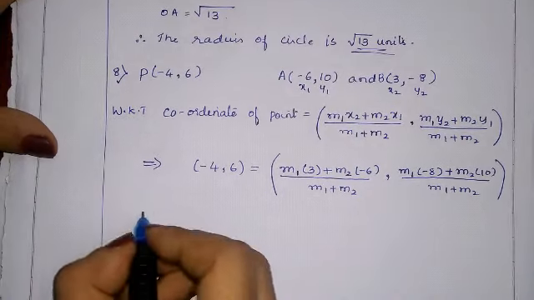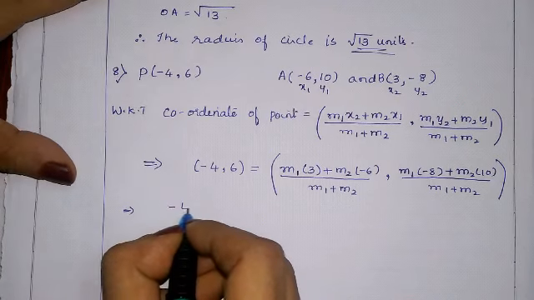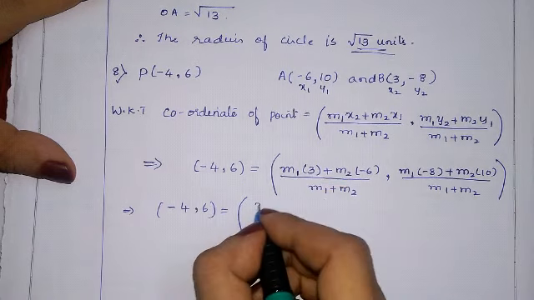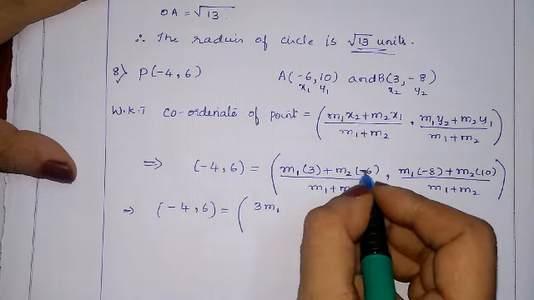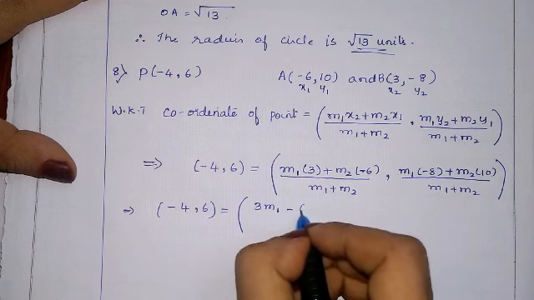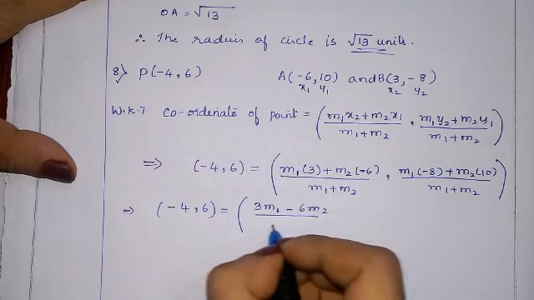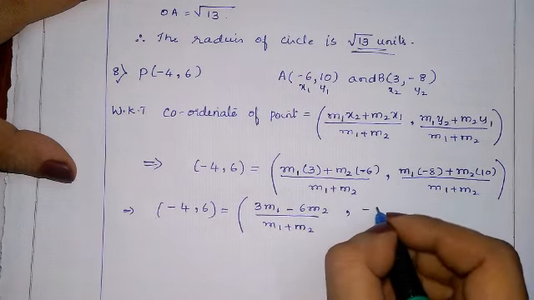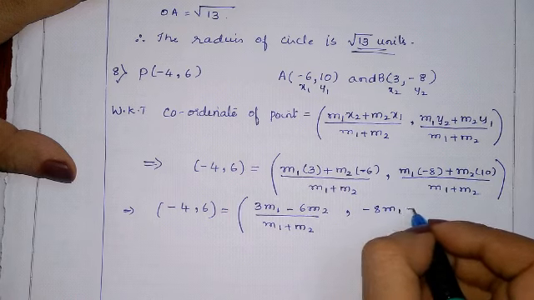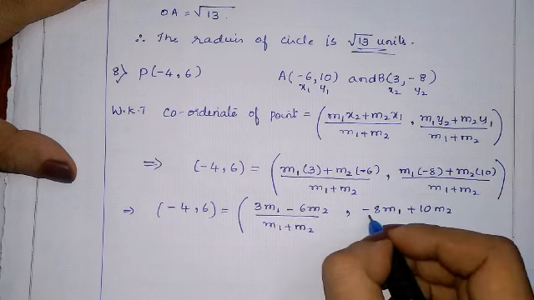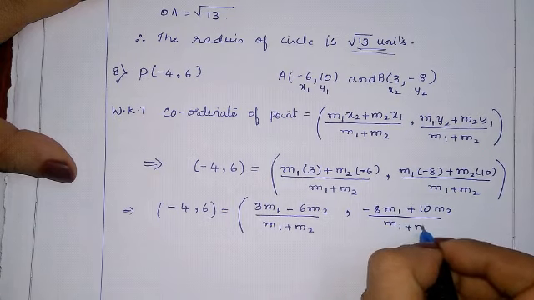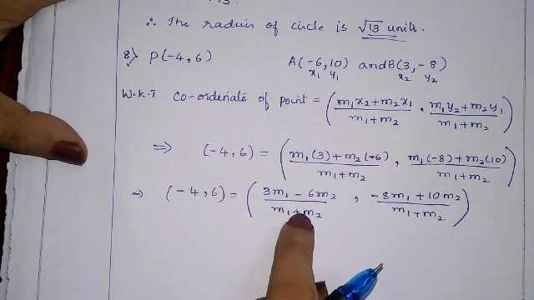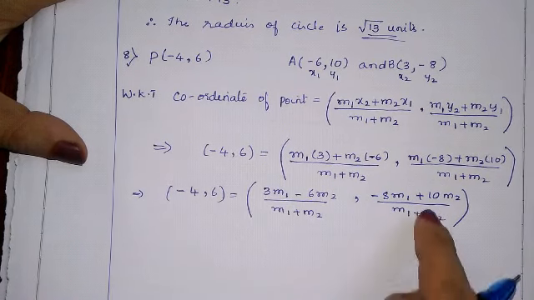Next step: (-4, 6) is equal to (3m1 plus minus 6m2) upon (m1 plus m2), comma (minus 8m1 plus 10m2) upon (m1 plus m2). Let us find the ratio. This is an x coordinate and this is also an x coordinate, and these are y coordinates.